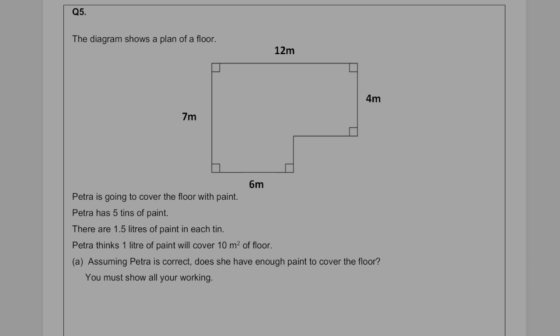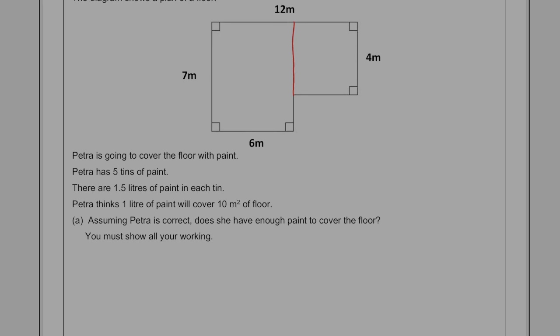So I'm going to work out the area of the floor first of all. So the area is going to be equal to these two rectangles added together. So the area is going to be equal to 7 times 6 plus, if that length there is 6, that length there must be 6 as well. So plus 6 times 4, which gives me a total area 7 times 6, 42 plus.